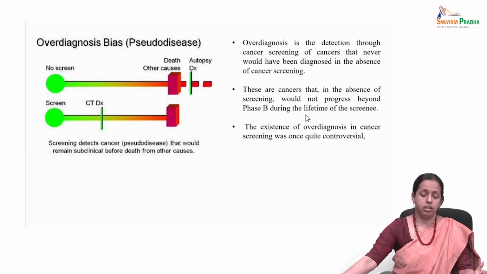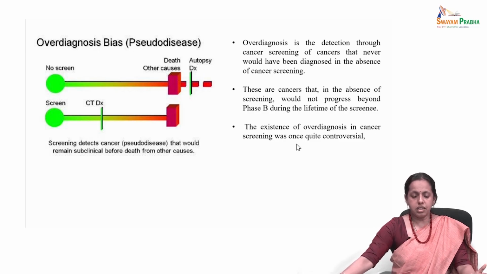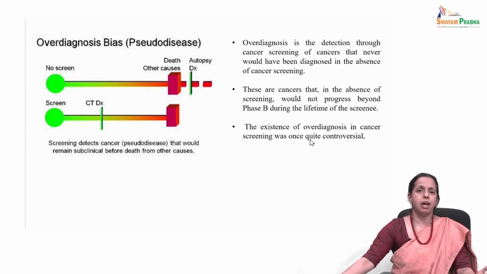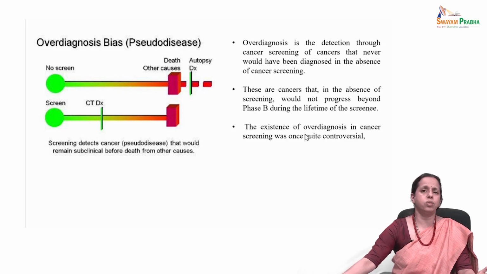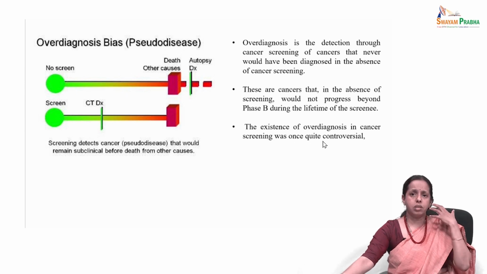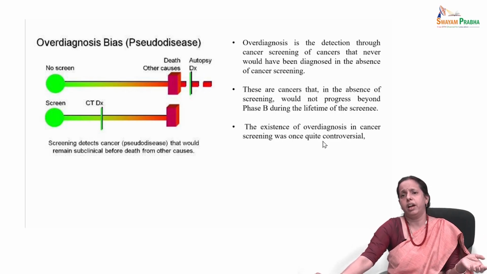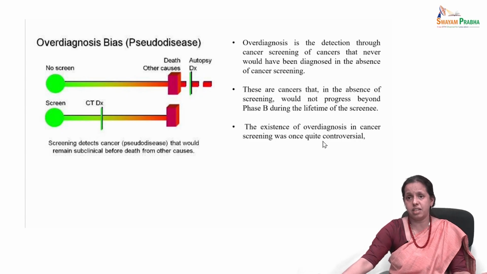Recollect what we talked about earlier regarding the lifetime of the screening. The existence of overdiagnosis was once quite controversial, but nowadays many people are coming around to the open-minded view that some screen detected cancers are diagnosed unnecessarily.